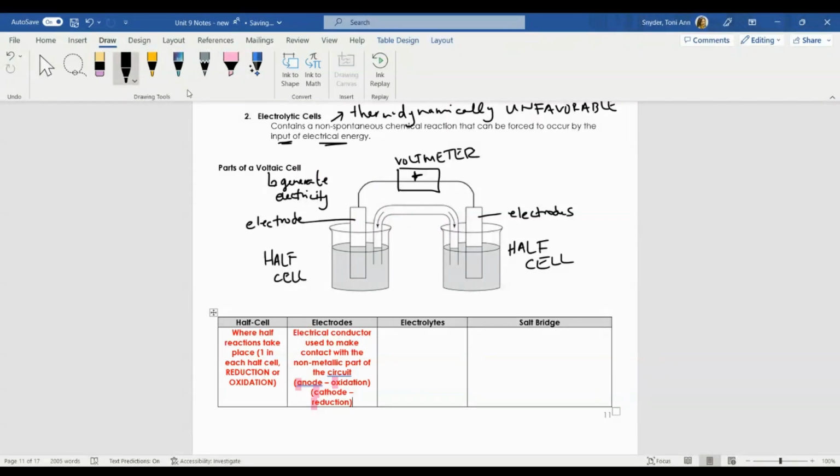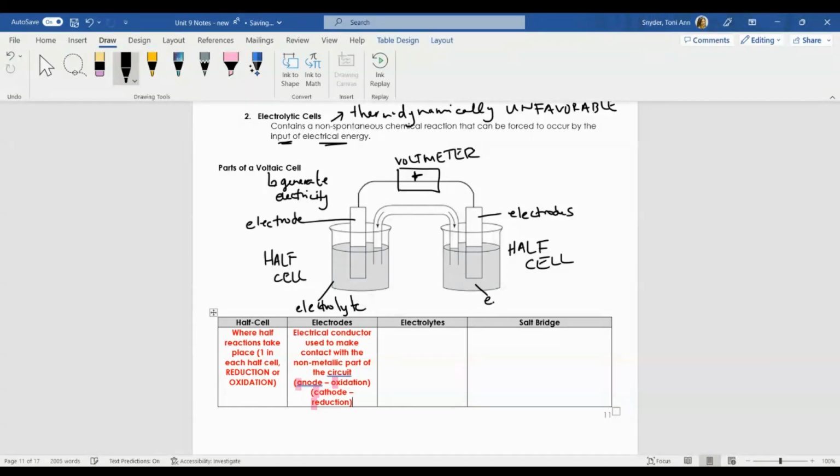The next part, so you have 2 half cells. And you'll see that both of these electrodes are generally actual metal sheets. Okay, so it might be a big sheet of copper, a big sheet of, I don't know, silver, whatever it is. And you'll see that they're sitting in a solution. This solution is your electrolyte.